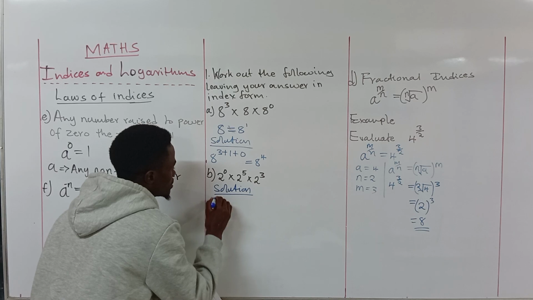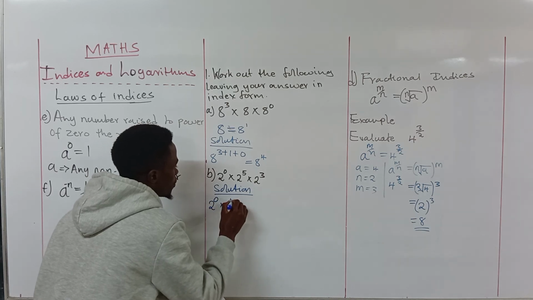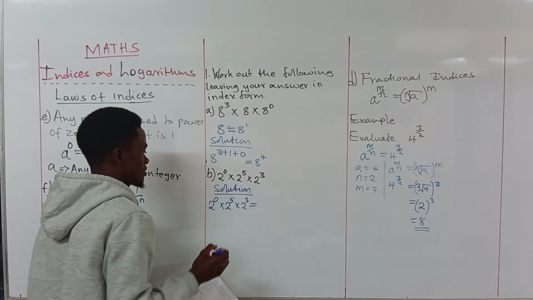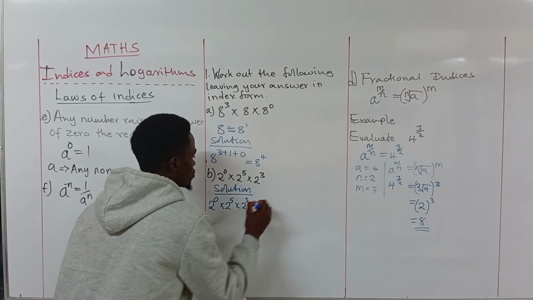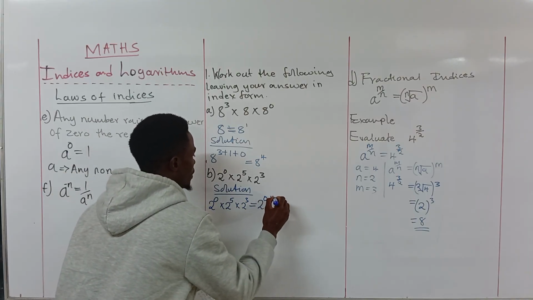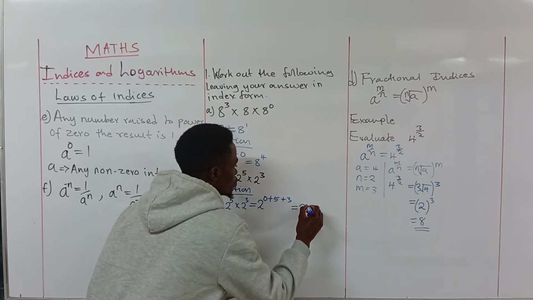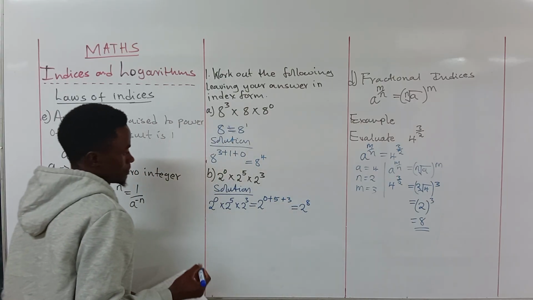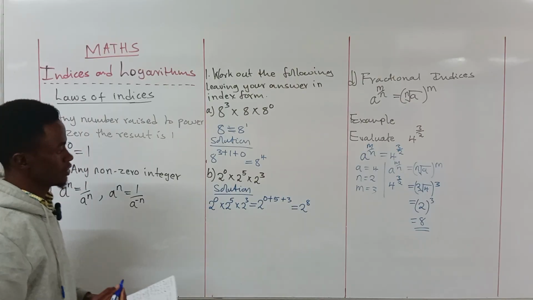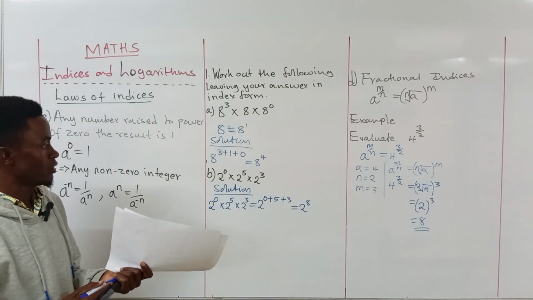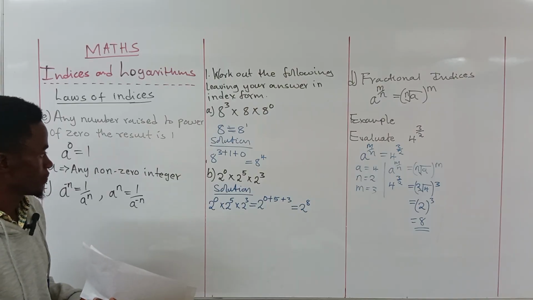So 2 power 0 times 2 power 5 times 2 power 3 gives us 2, and then we have 0 plus 5 plus 3, which is going to give us 2 power 8. Our question must be left in the form of index form.